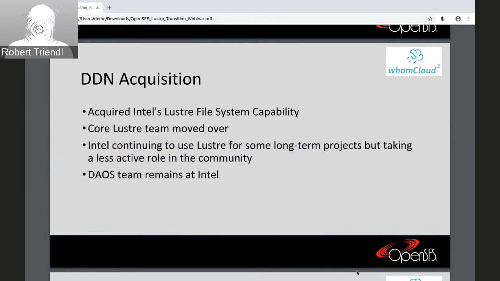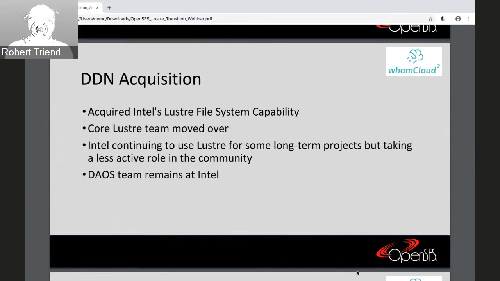A couple of projects have been laid out. Jean Lombardi gave a presentation about the details of that at the LAD conference last week. If you're interested in what is brewing between Lustre and Deos, you can look that up. So give or take, that is where we are from an acquisition perspective.